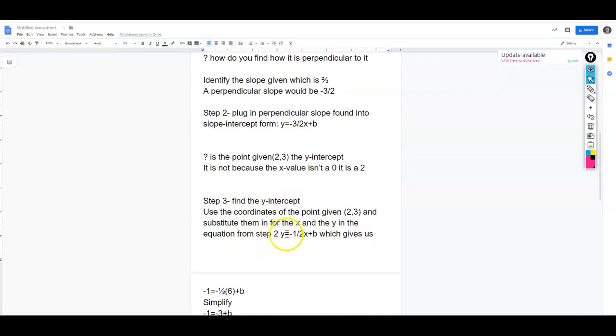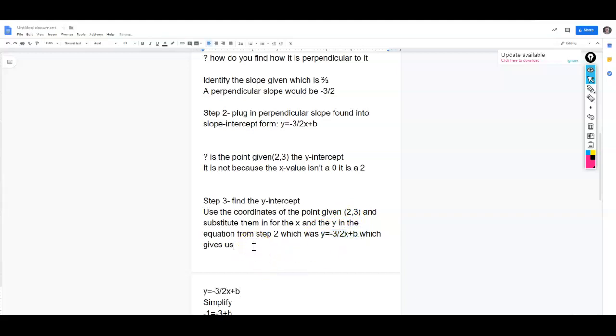So our equation that we started to craft was in step 2, and we're going to copy that and substitute these coordinates into that equation that we're crafting.